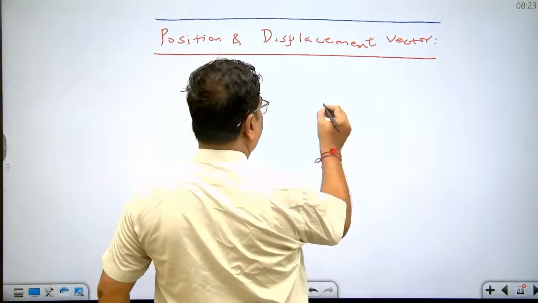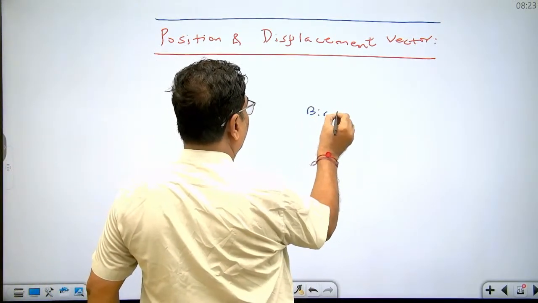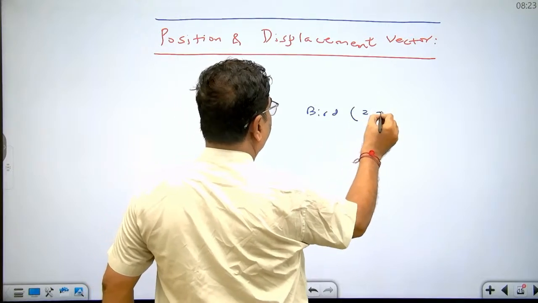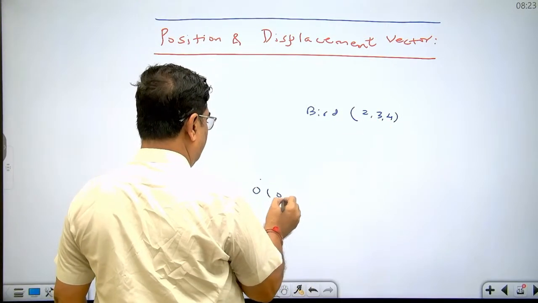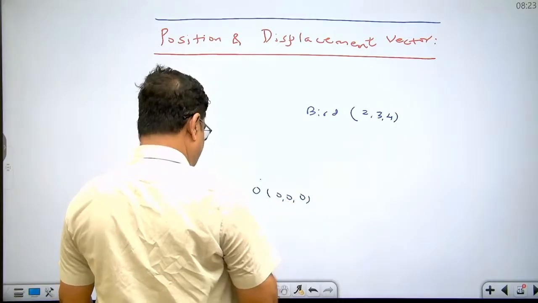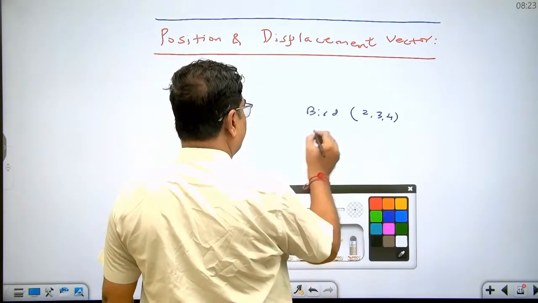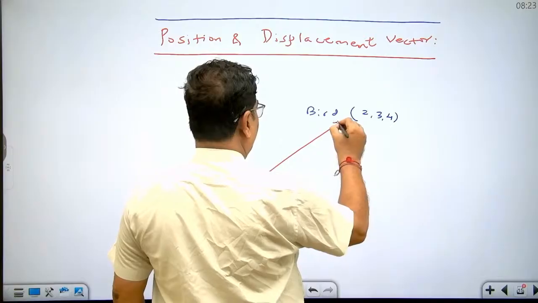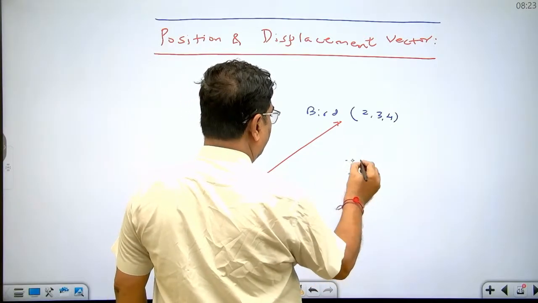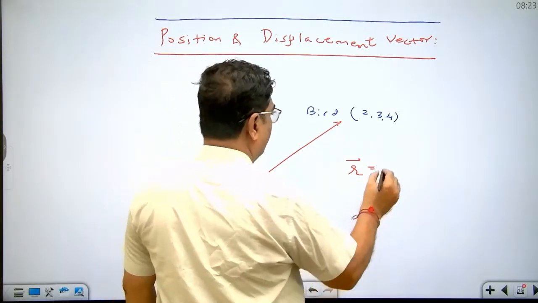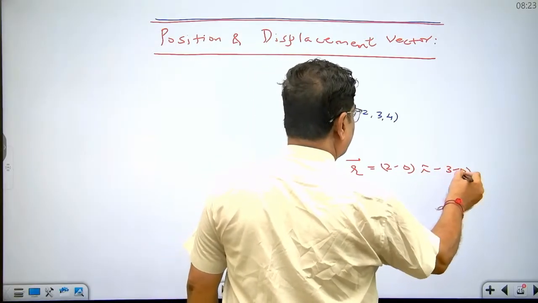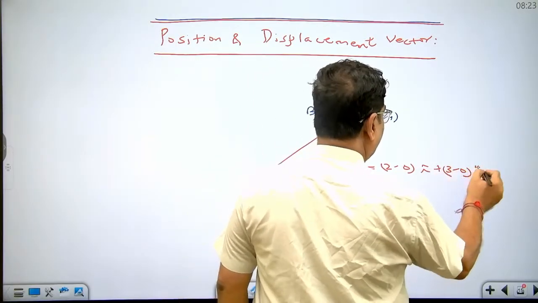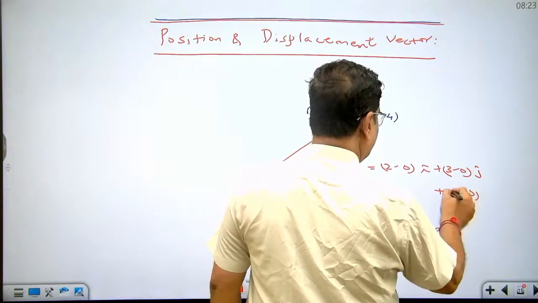Let's see, a bird is here at the point (2, 3, 4) with respect to this origin. Write the equation of the position vector. It is very simple. Now the equation of the position vector of the bird can be written as 2 minus 0 i cap plus 3 minus 0 j cap plus 4 minus 0 k cap.